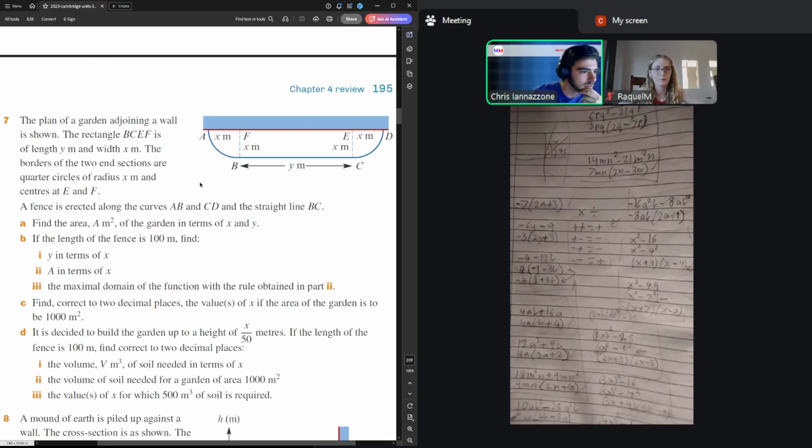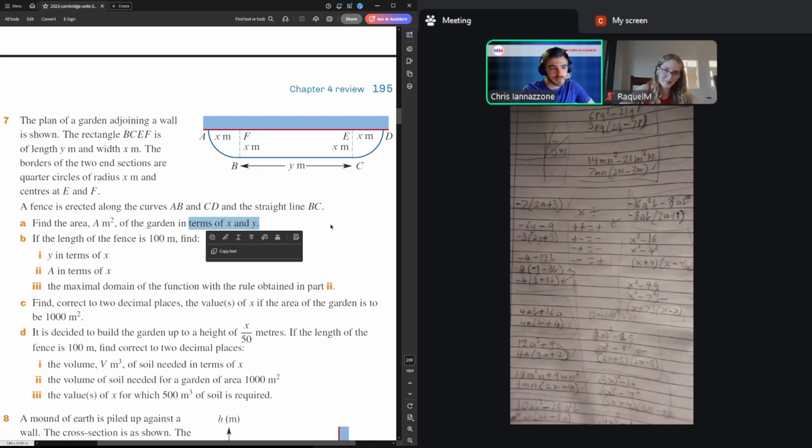So the garden is going to be the rectangle and the two quarter circles. That's what's being defined as the garden in this case, and we need to find its area. Bit more freedom this time because you get both x and y to work with.